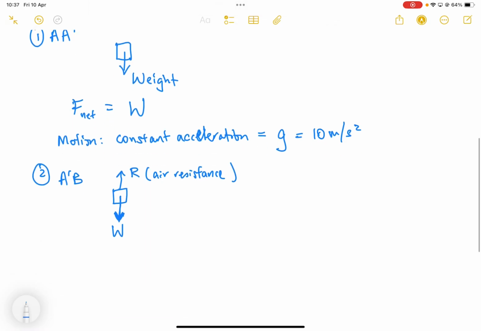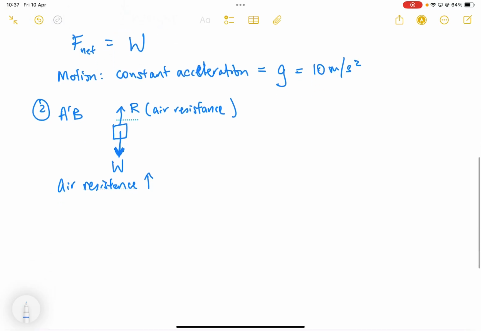So what's happening is that air resistance is increasing. When air resistance increases, what happens to the resultant force? Good, it decreases, because the resultant force is the weight minus air resistance.